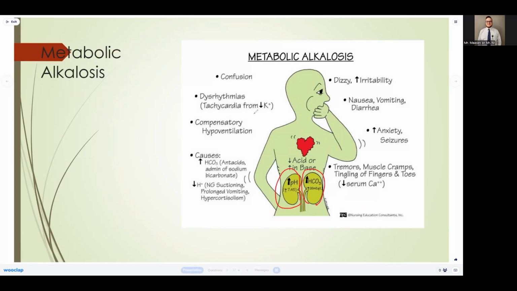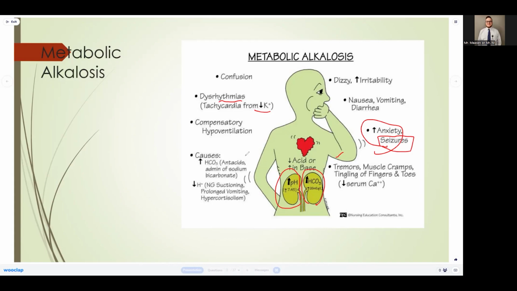Again, potassium might drop in this scenario, so we can have some kind of rhythm issues, nausea, vomiting. They're going to be anxious, with possible seizures. What would cause metabolic alkalosis? Much more rare, very rare, but bicarb levels are high.